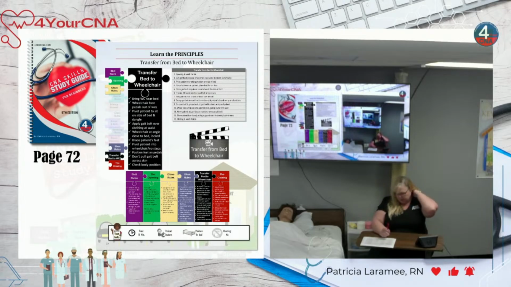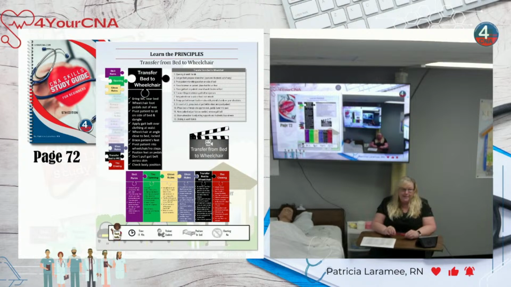But let's talk about specialty departments in a hospital like the mother baby unit or ICU or neuro ICU or there's a million different departments. Each one of those is going to require a very specialized skill set that's different from what you've learned in here. In a mother baby unit, you're not going to be brushing anybody's teeth. Right?